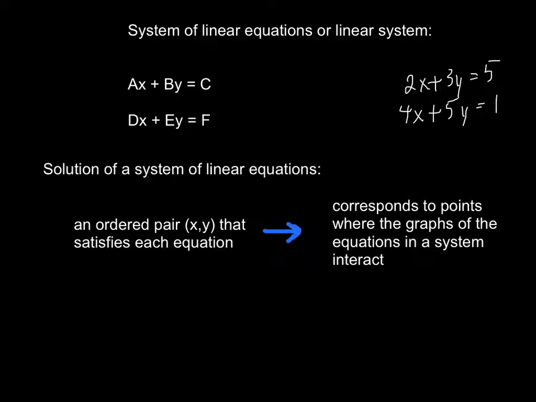Now, a solution of a system of linear equations is an ordered pair that satisfies each equation, and it corresponds to points where the graphs of the equations in a system intersect. Intersect.